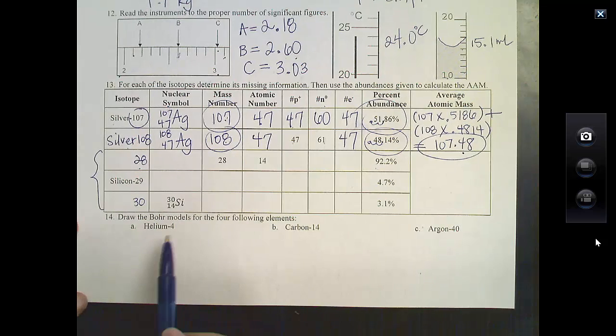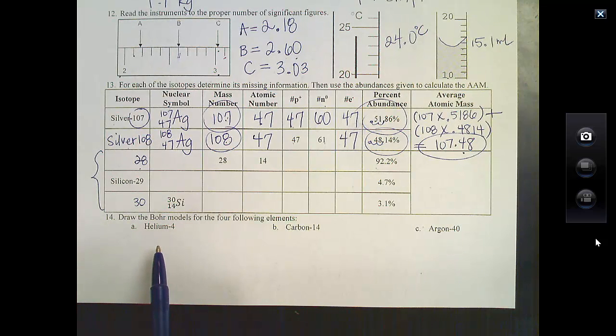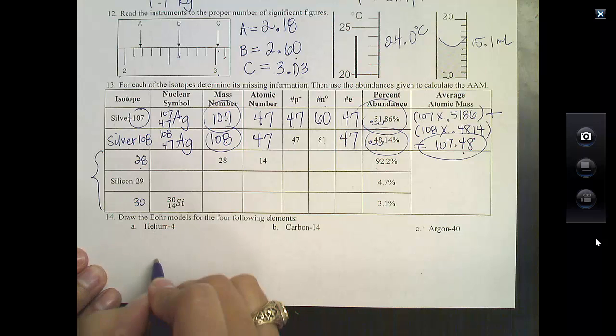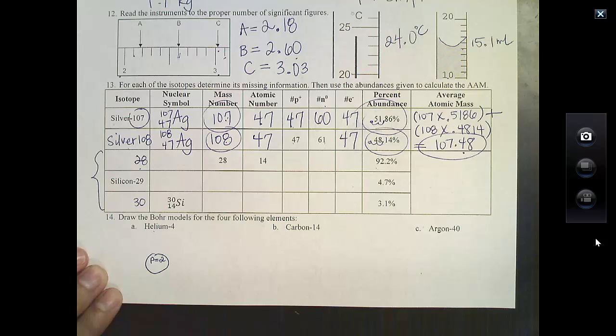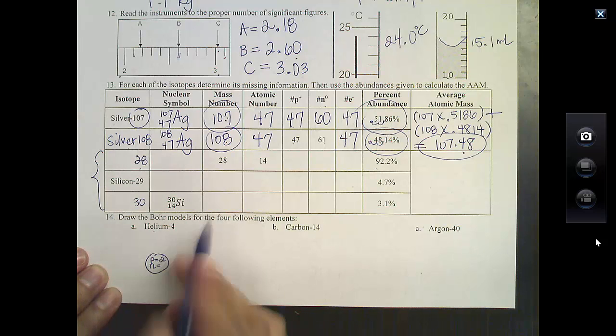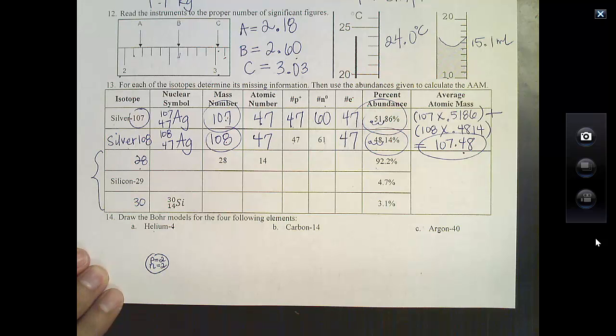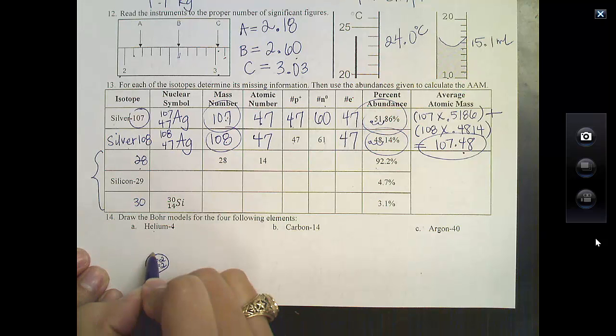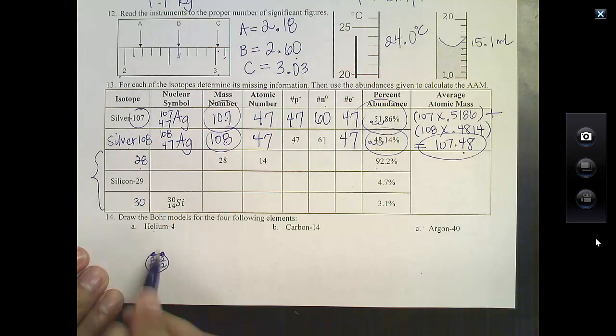The last question says to draw the Bohr models for the following elements. So for helium, remember we look at the periodic table. Protons is given to us by the atomic number, so there's 2 protons. Neutrons we can determine by subtracting 4 minus 2 is also 2, and my electrons to match my protons, so 1, 2. My first energy level holds 2, so that's all I need.